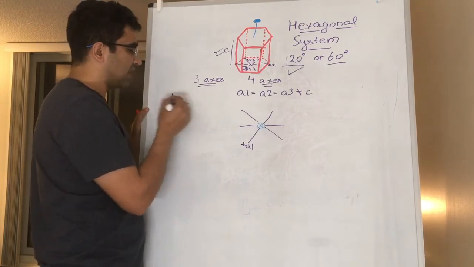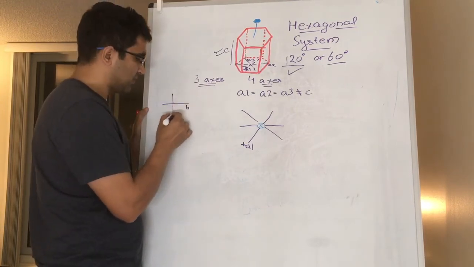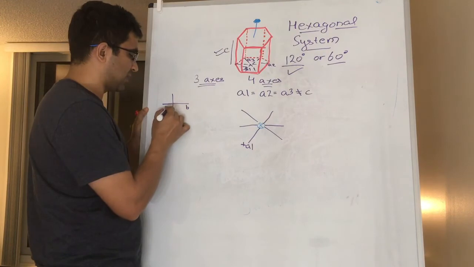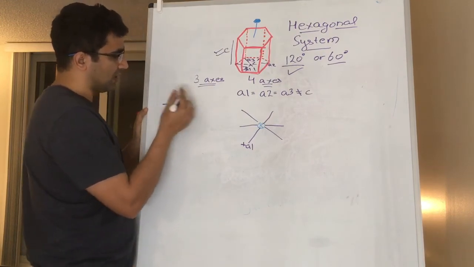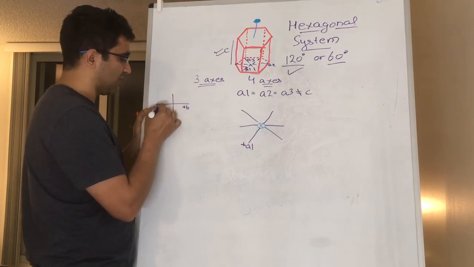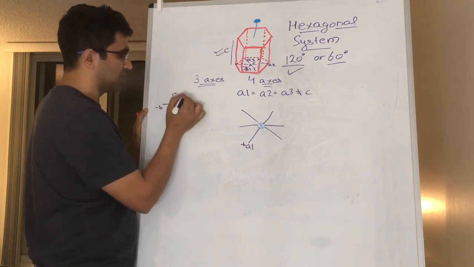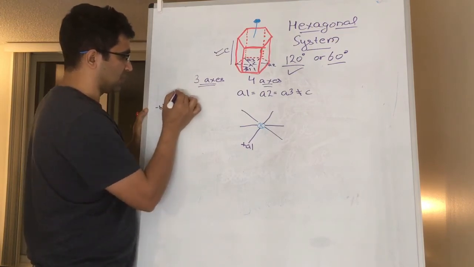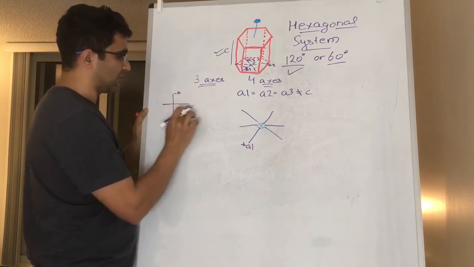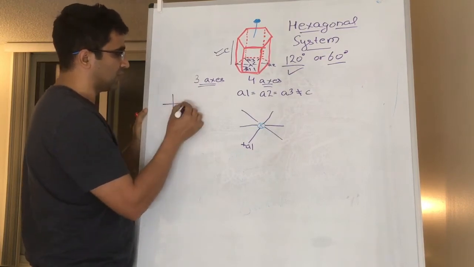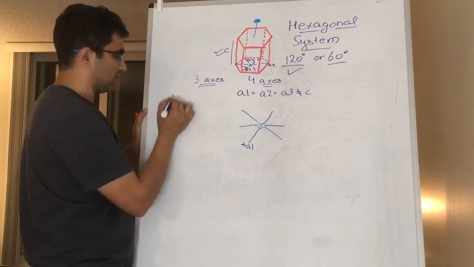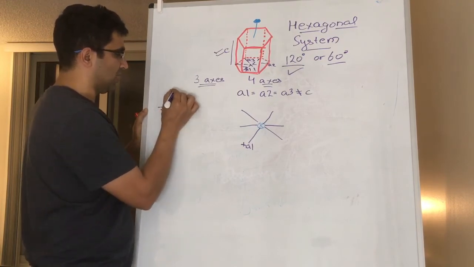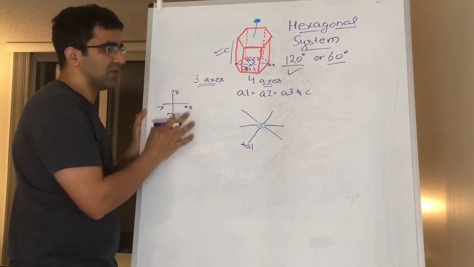Just like when you have x and y axes, or a and b axes, it is your choice: if you designate one direction as plus b, the other has to be minus b. If you say this is plus a, this is minus a. If this is plus x, then this becomes minus x. Plus y, and this one is minus y. Like this you have plus and minus directions.